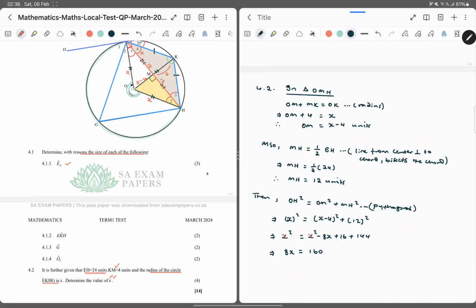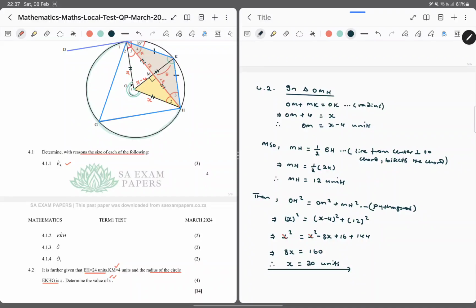So we divide by 8. Okay, this one became easy on us. I was expecting some factorization, but it didn't happen. Okay, so this is 20 units. We were told the radius is x, and we're looking for the value of x, so we got it.